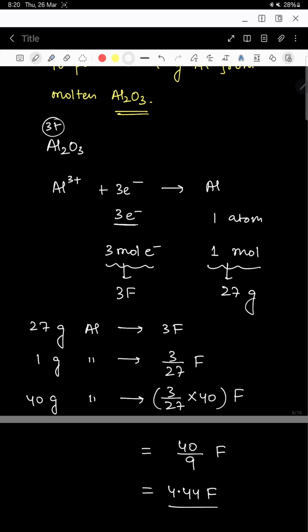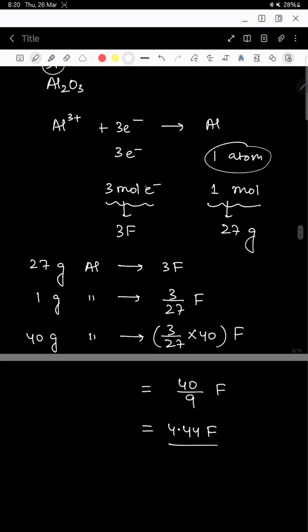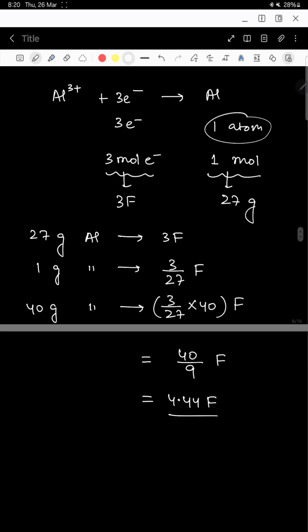So 3 electrons produce 1 aluminium atom, 3 mole electrons will produce 1 mole aluminium atoms. So 3 mole has a charge of 3 Faraday, and 1 mole of aluminium will be 27 gram because the atomic mass is 27. So 27 gram aluminium is produced from 3 Faraday, 40 gram will be produced from 3 upon 27 into 40 Faraday. So this is how we can calculate.